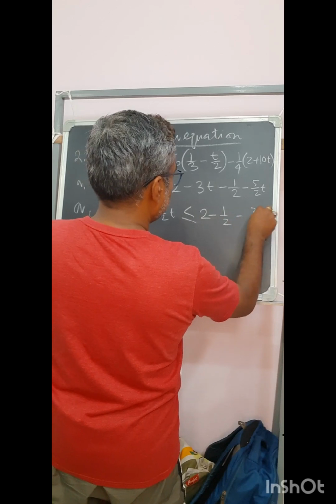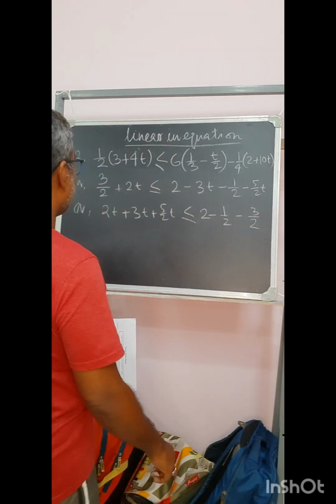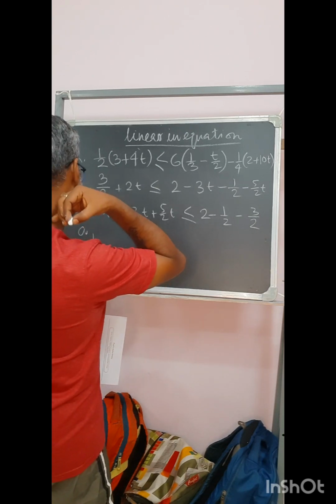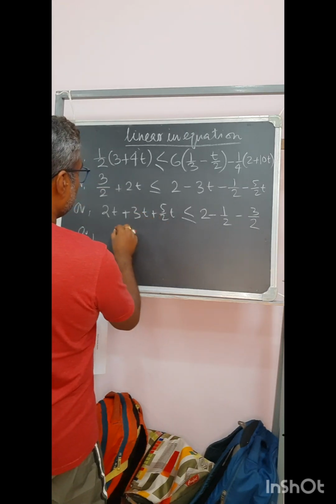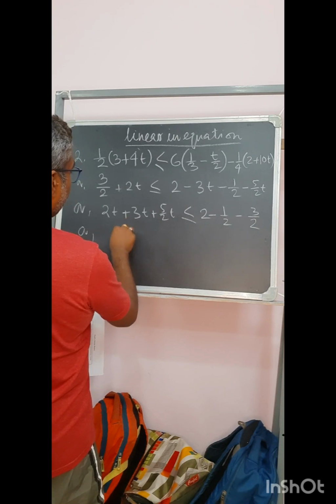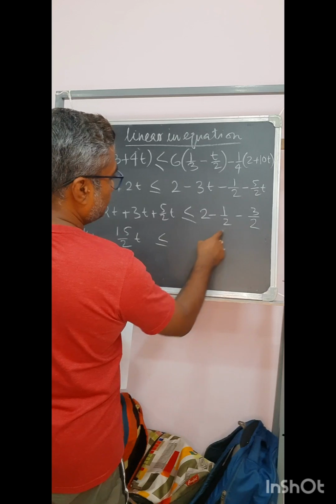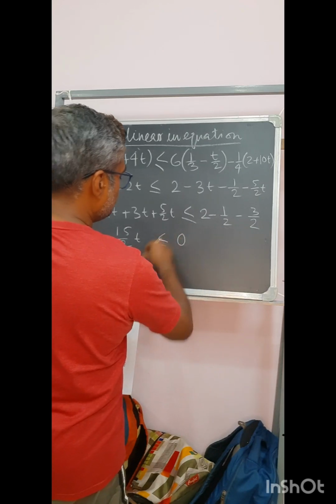So minus 3 by 2, no other things are here. So if I say it is 5t plus 5 by 2t, that means 15 by 2t less than equal to 0.